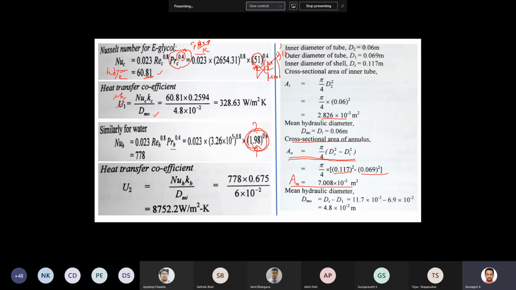Also the Reynolds number is in the range of 10 power 5, so highly turbulent condition. So you can calculate the Nusselt number, that is 778. Then from 778 you can calculate the water heat transfer coefficient.